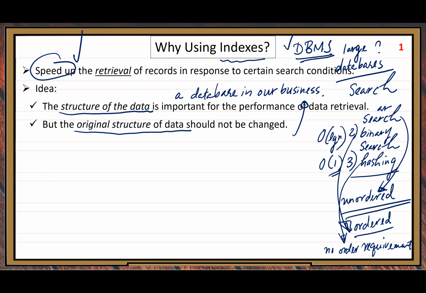That's not good. So here you see some limitation. Original data you cannot change, but you have freedom to use auxiliary data. Not original data, supporting data. Extra auxiliary supporting data.